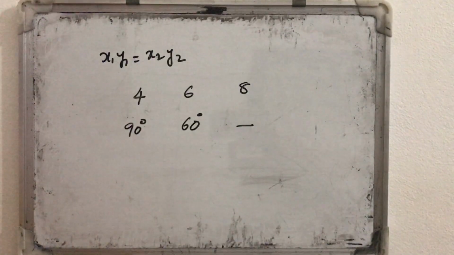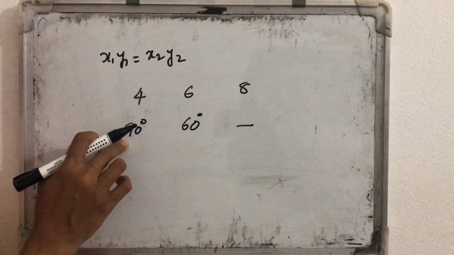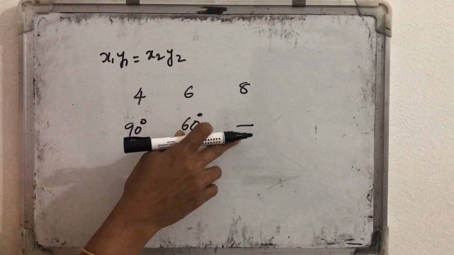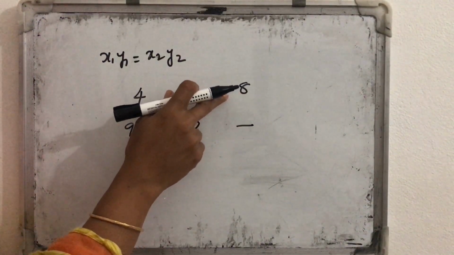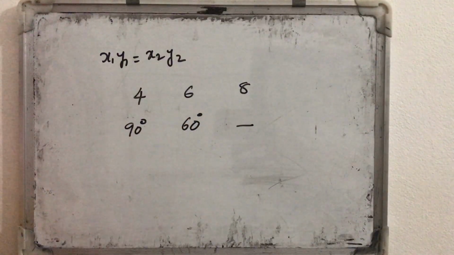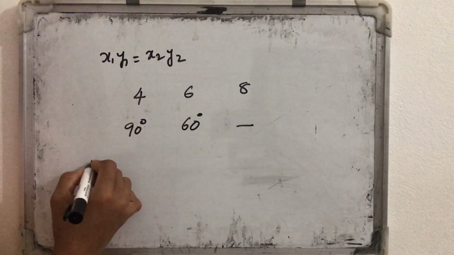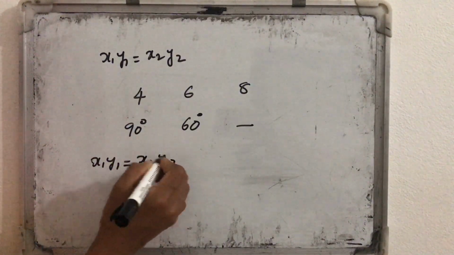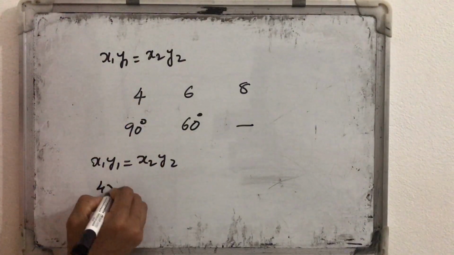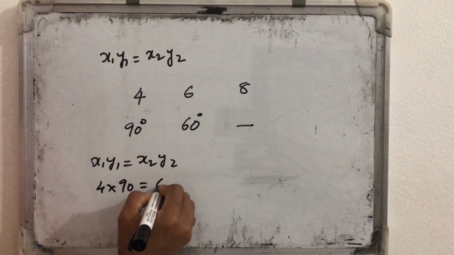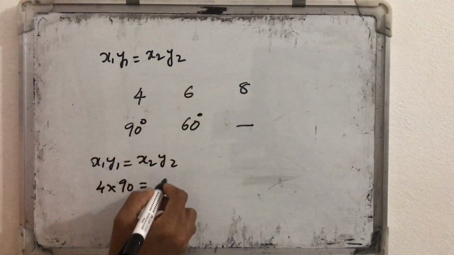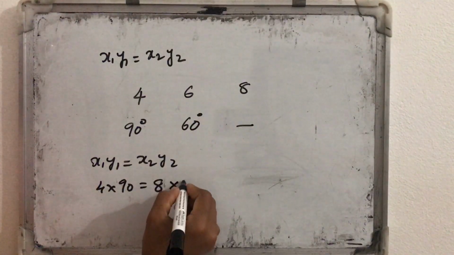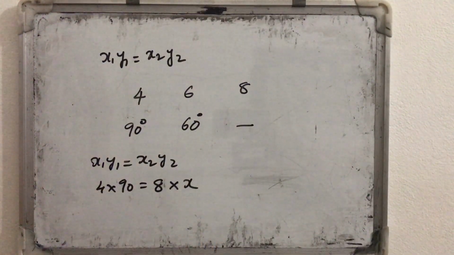So if the number of spokes is 4, it is given as 90 degrees. If it is 6, it is 60 degrees. Then what will be the angle if the number of spokes is 8? Using the formula, x1 y1 equals x2 y2, so 4 into 90 equals 8 into x, taking x as the unknown variable.